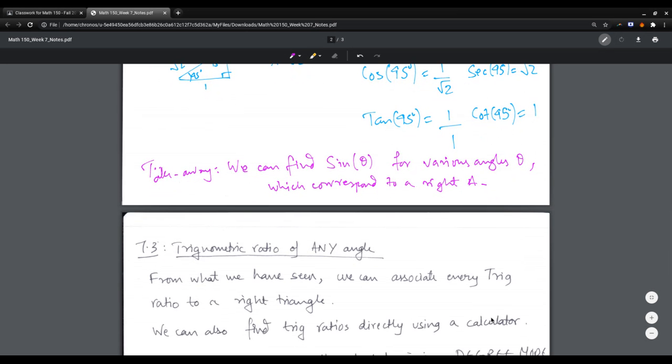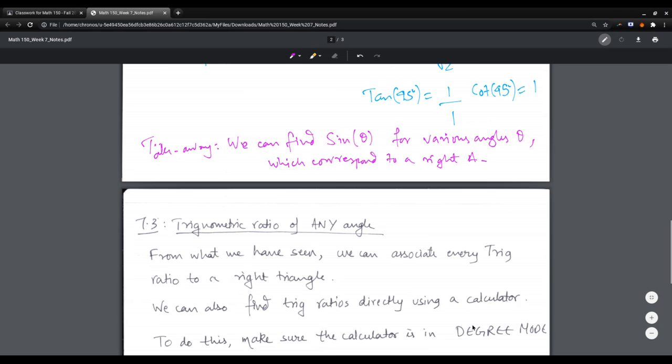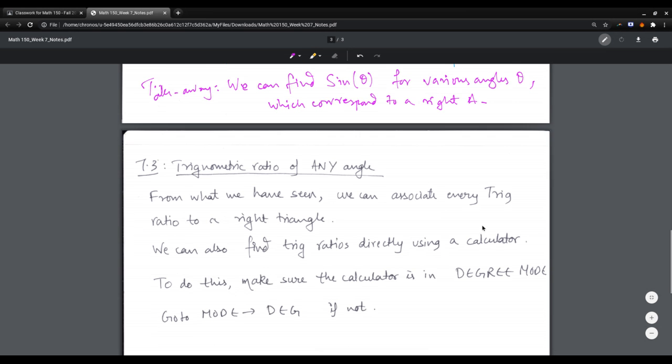So this was very specific examples where we constructed the triangle, used some geometric properties to find the ratios. But it turns out that we can do this for any angle. We associate every trig ratio to a right triangle.